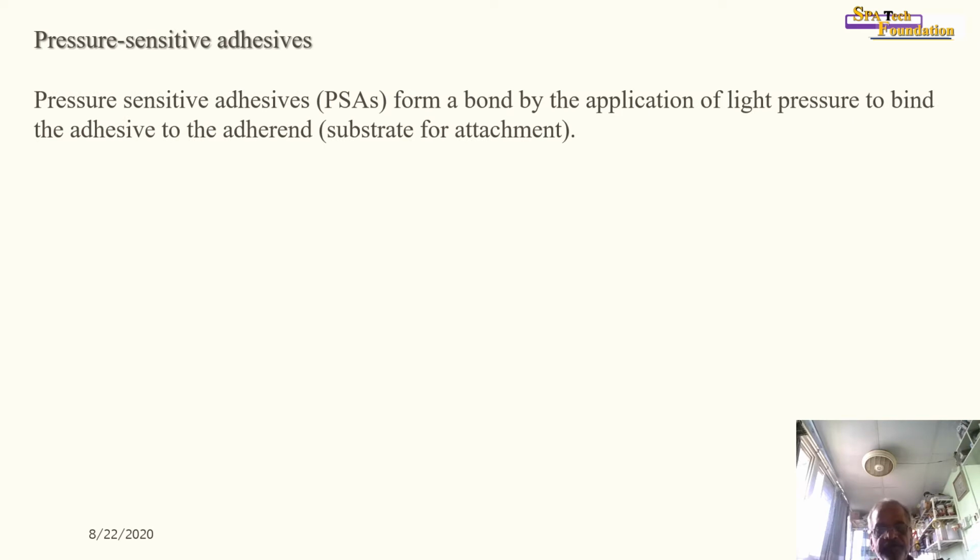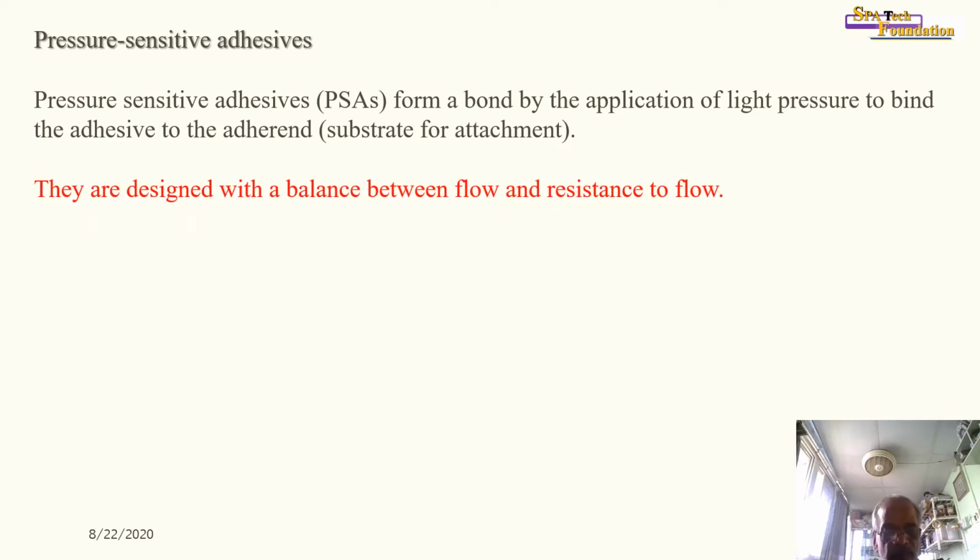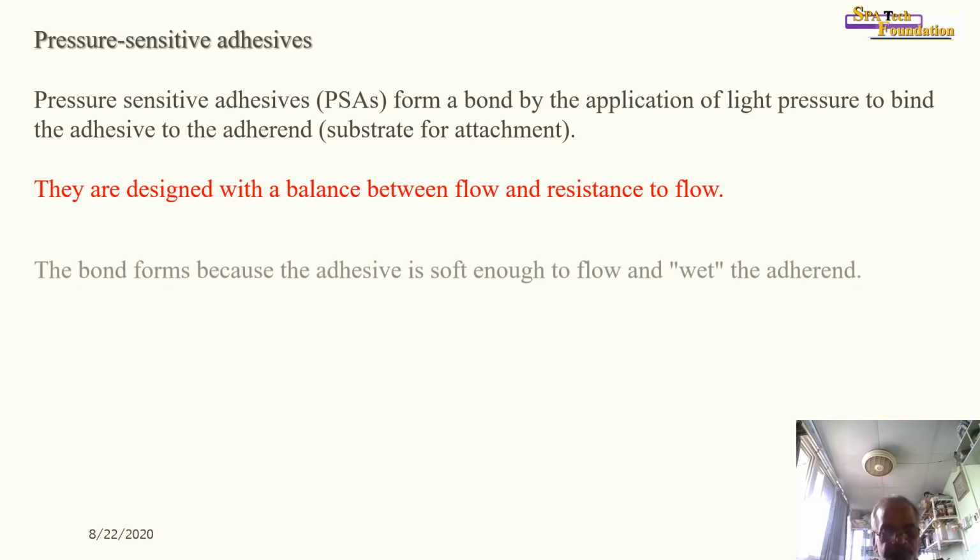Pressure sensitive adhesives. Pressure sensitive adhesives, commonly known as PSAs, form a bond by application of light pressure to bind the adhesive to the adherent. Adherent is nothing but the substrate for attachment. They are designed with a balance between flow and resistance to flow.